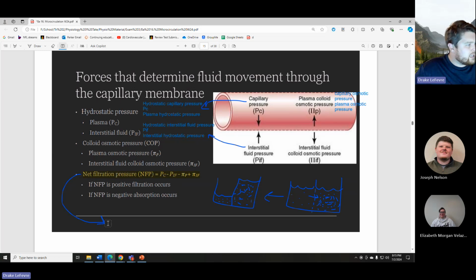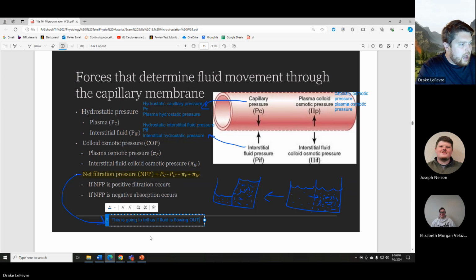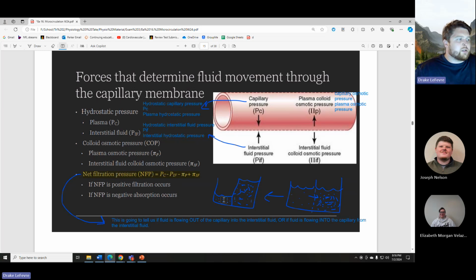This is going to tell us if fluid is flowing out of the capillary into the interstitial fluid, or if fluid is flowing into the capillary from the interstitial fluid. This is what this equation is going to tell us.